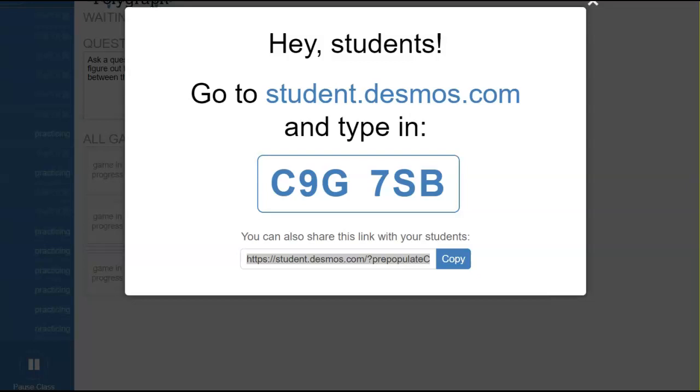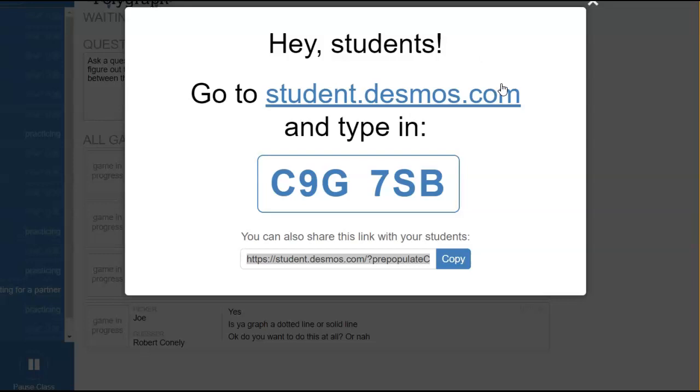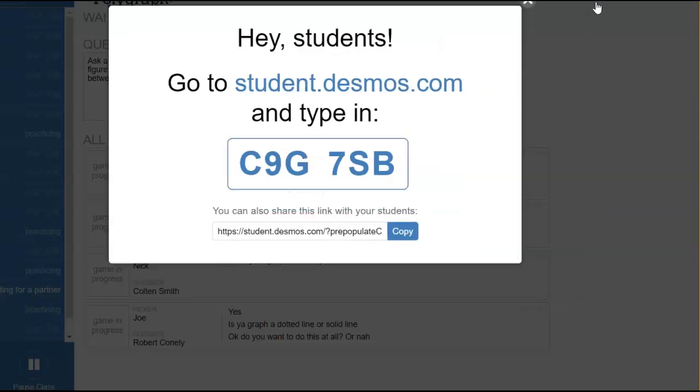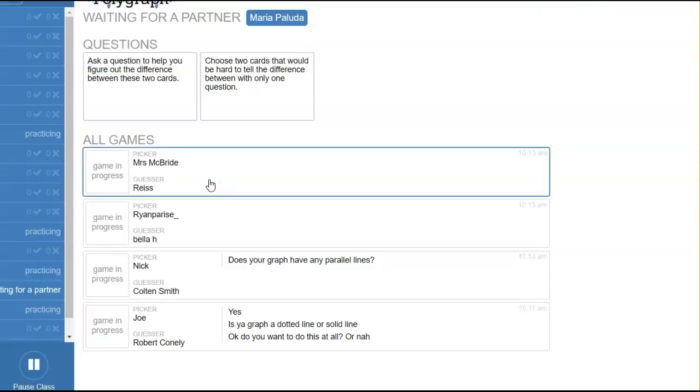Select your character. You can click skip the practice round. We don't need that. I can see a whole bunch of you are in my room. So that's fantastic. You're going to get paired up with somebody else.